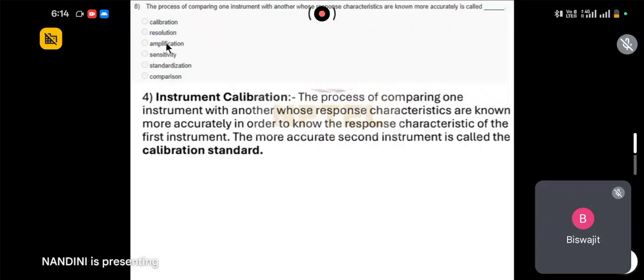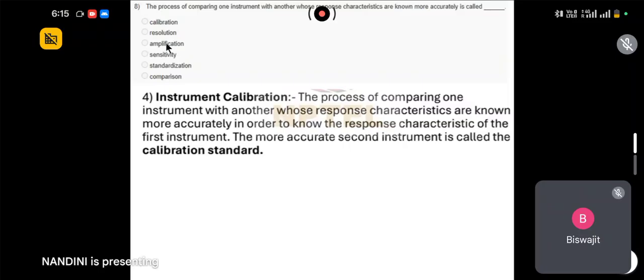Now, the process of comparing one instrument with another whose response characteristics are already known more accurately is called what? Different methods are given. If we are comparing the response of one instrument with another instrument, this is basically known as calibration. We already know how one particular instrument responds, or the characteristics of that instrument are known.